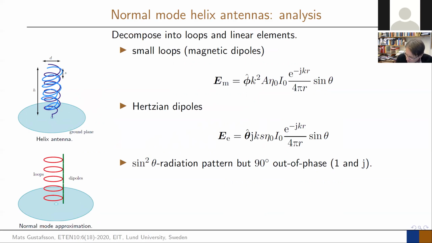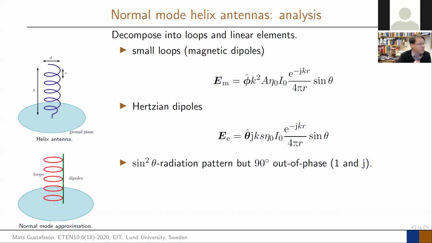Let's simplify that view and instead say, let's first go up and then let's go around, up, around, up, around, up, around, up. So instead of going continuously up as you do on the helix, you take one step up, you go round, up, round, and so on. Then you actually have a model of your helix as loops and dipoles.